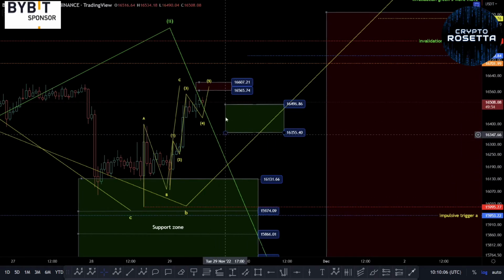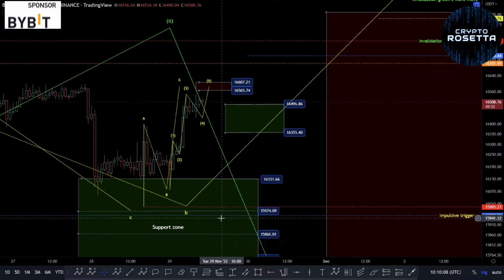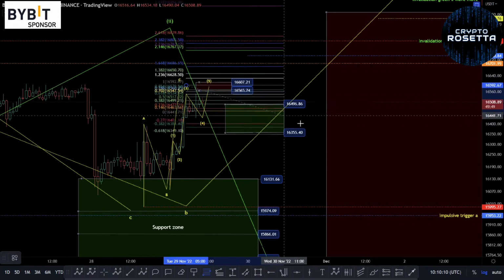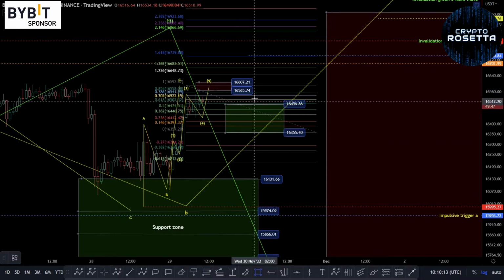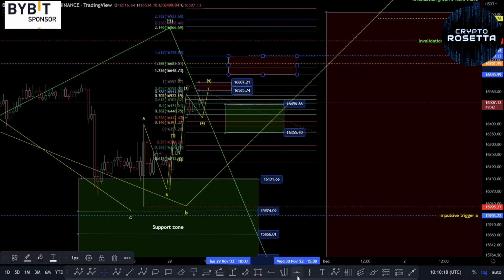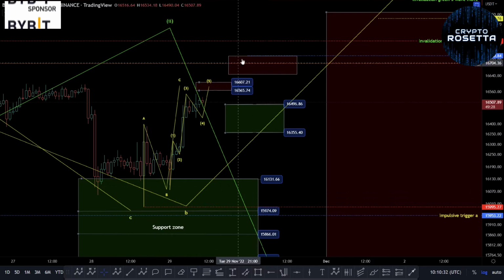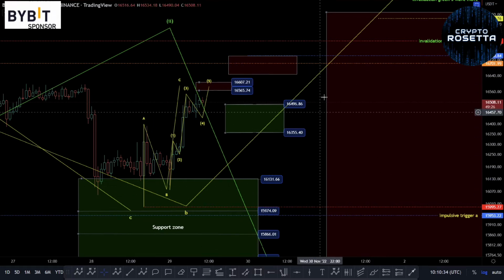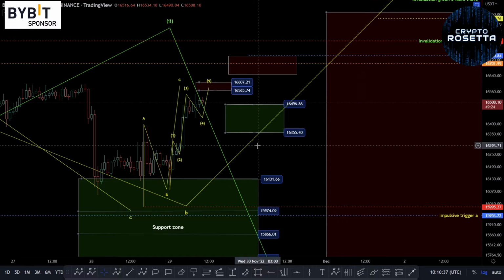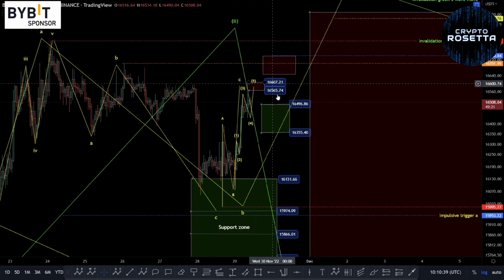Should this have an additional 4th and a 5th wave within this, which would take us roughly up to this zone here, which is between 16,739 and 16,648. If we have a move up to there, then it would be possible that this would just then be either an A wave or a wave 1, and then we could be looking to move higher.